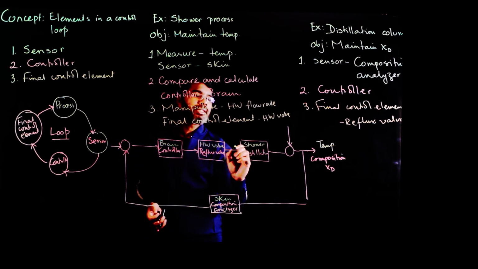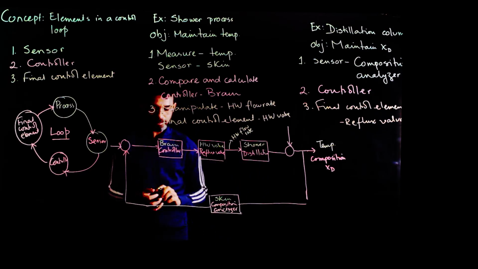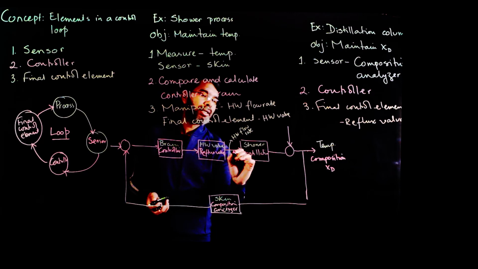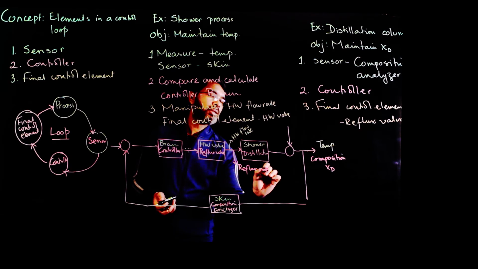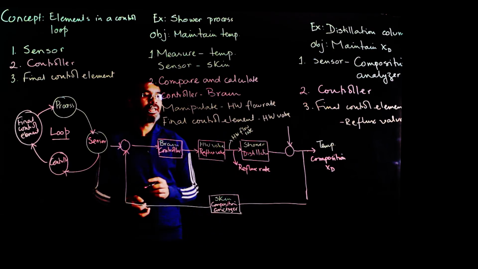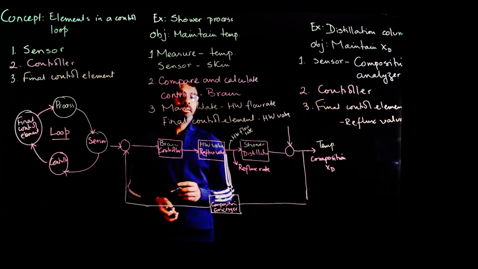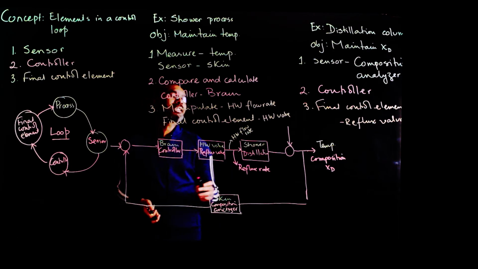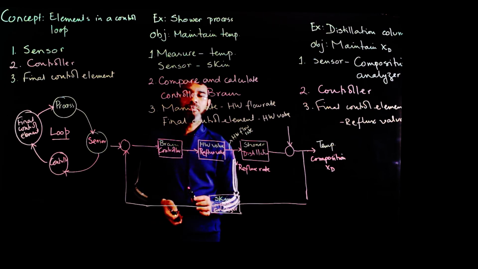For the shower process, the input is the hot water flow rate. For the distillation process, the input is either reflux rate or reflux ratio, whatever different terms are used. So that goes to the process, manipulated by the valve.